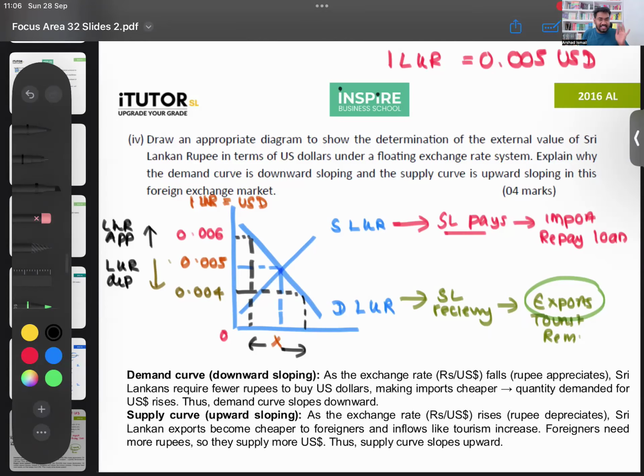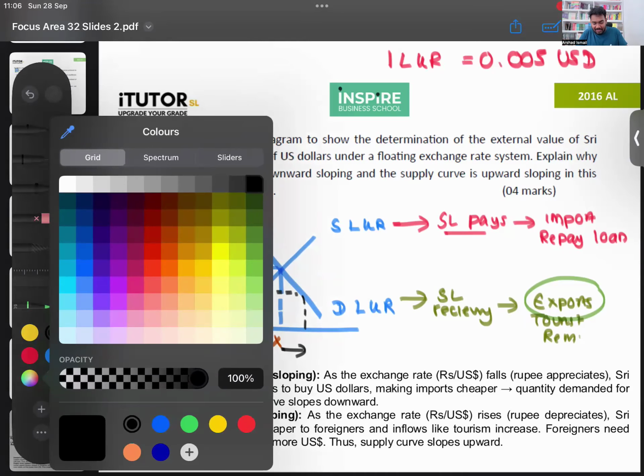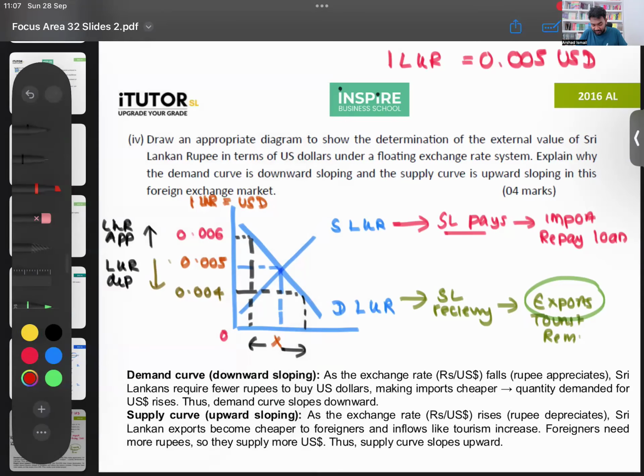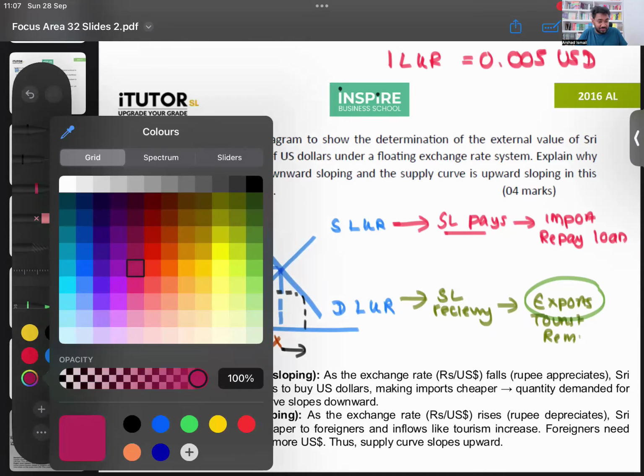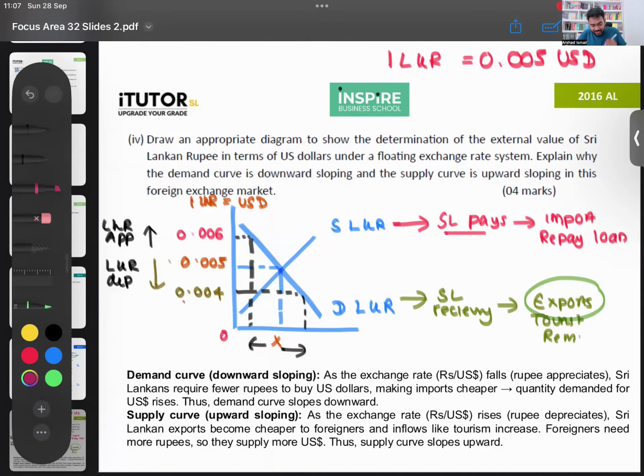Then the same story in terms of supply. Now we'll look at supply. Supply is when Sri Lanka has to pay. We'll think of it in terms of imports. Now, if our exchange rate depreciates, let's say it comes to 0.004, the exchange rate has depreciated.